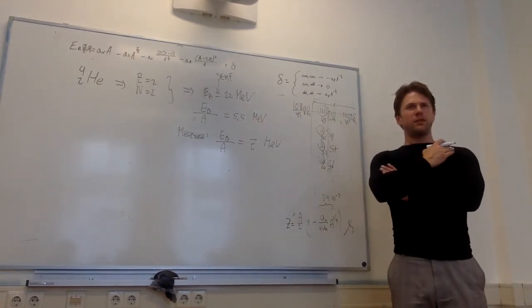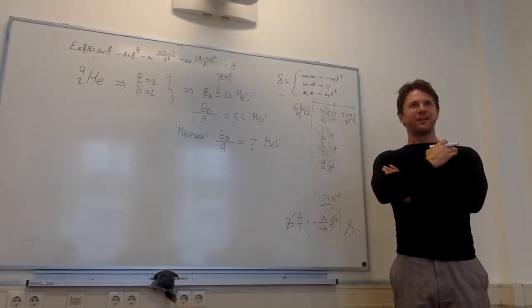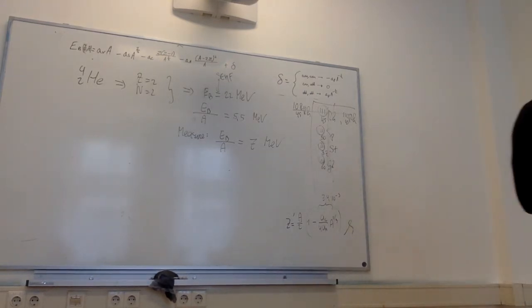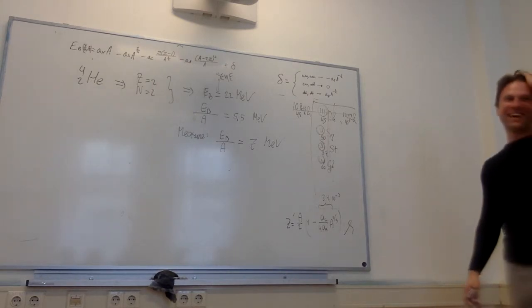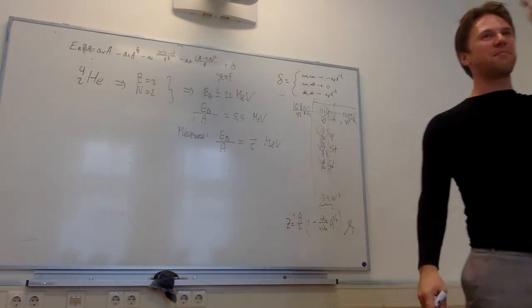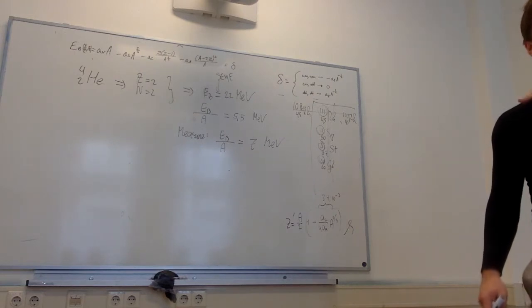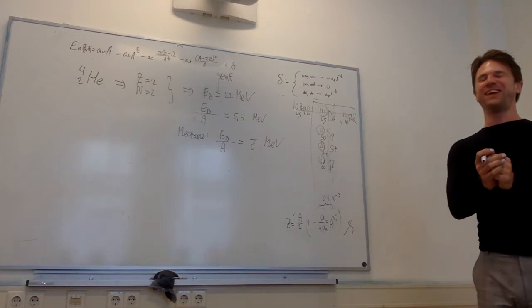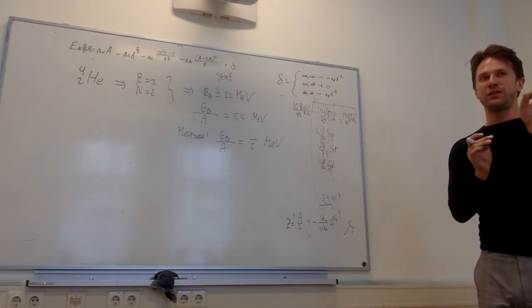Is your lead example magic? I just realized 82 is a magic number, that's why I was going. There we go. I was waiting for the right opportunity. Okay, so lead apparently is single magic, right? Single magic. Very close to double magic, actually. What do you mean very close?